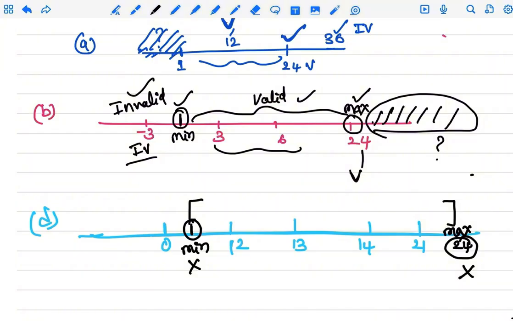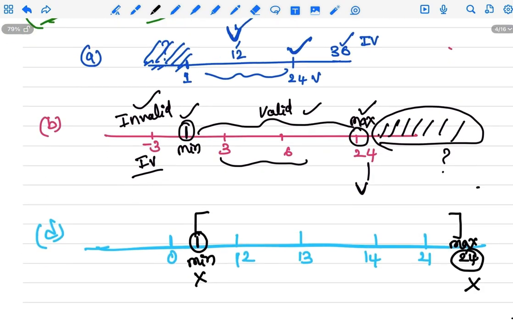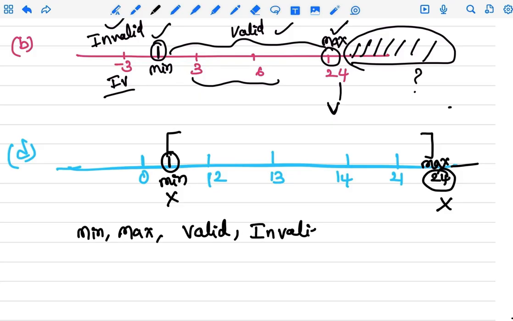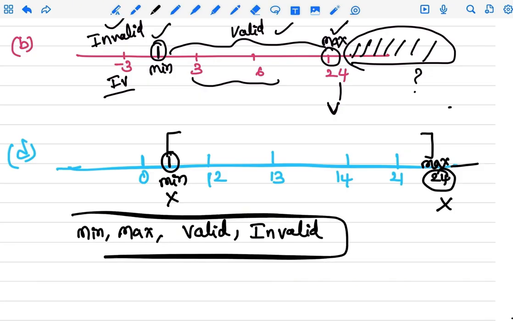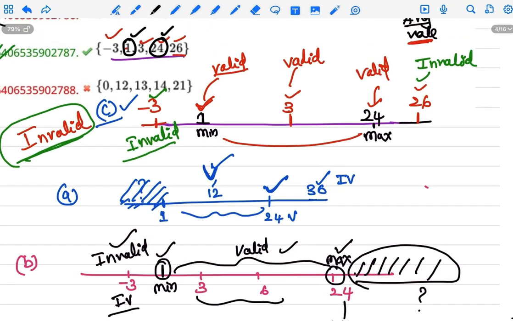In option C, 1 is there and 24 is there, so that answer is correct. You have to cover both minimum and maximum, and both valid and invalid regions, all the boundary conditions. Between the range, these are allowed valid regions, but it doesn't cover the invalid region. Because of that, this answer is incorrect.